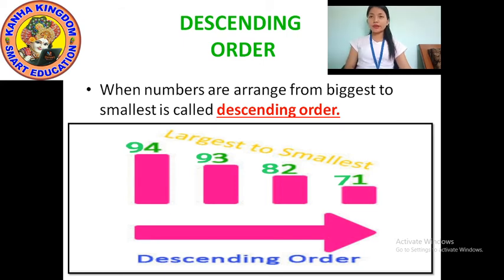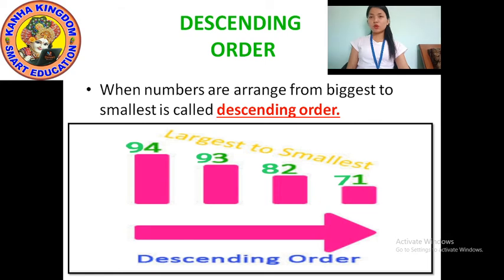When numbers are arranged from biggest to smallest or largest to smallest, it is called descending order. See the picture of descending order: 94, 93, 82, 71. We all know that 94 is greater than 93, 93 is greater than 82, and 82 is greater than 71.